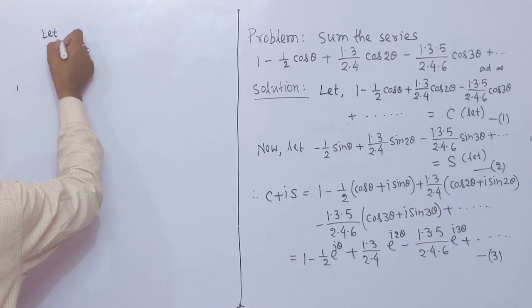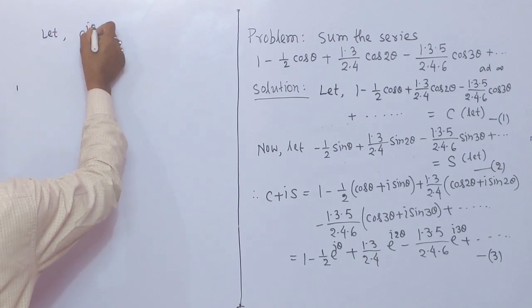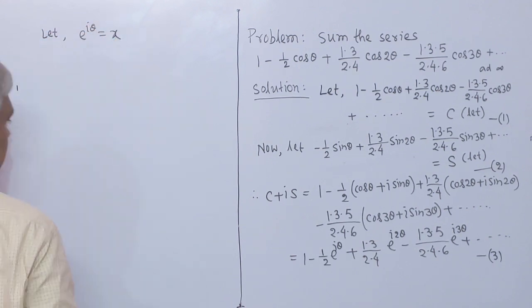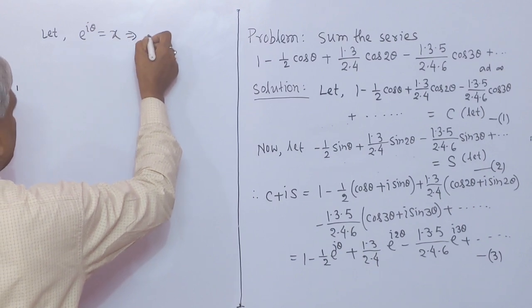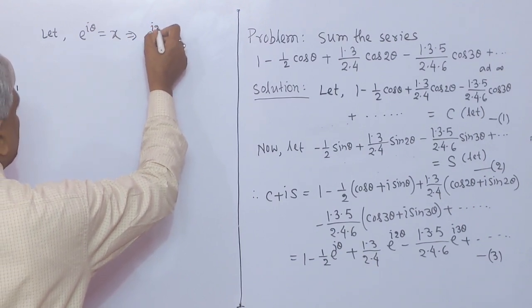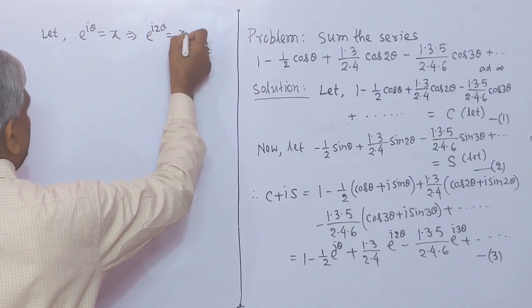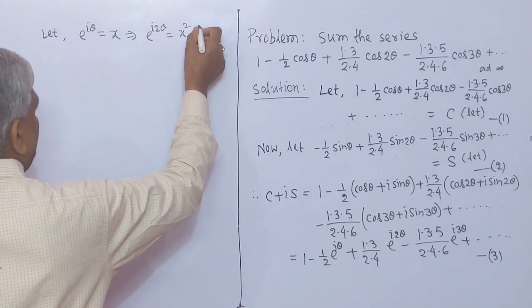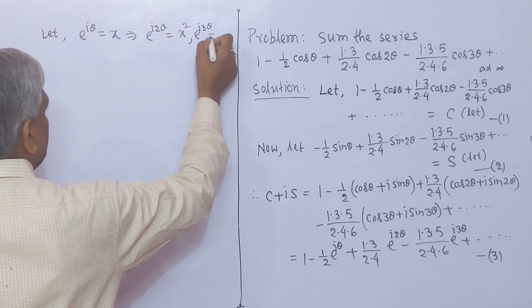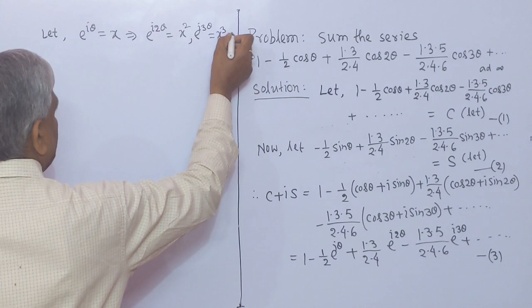Let e to the power i theta equal x. This implies that e to the power i 2 theta equal x square, e to the power i 3 theta equal x cube, and so on.